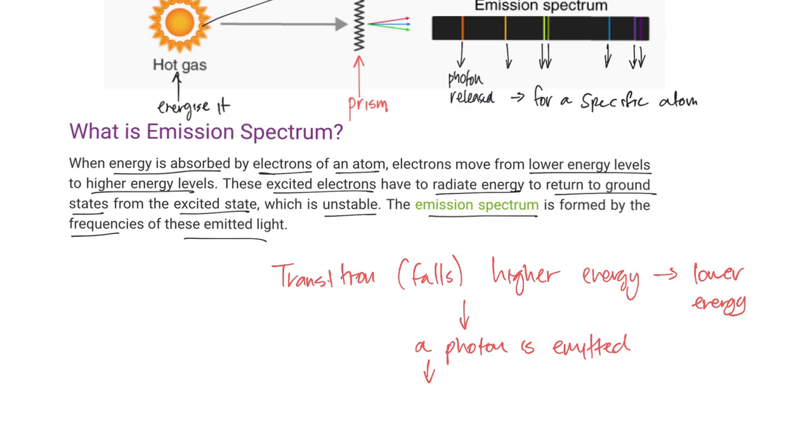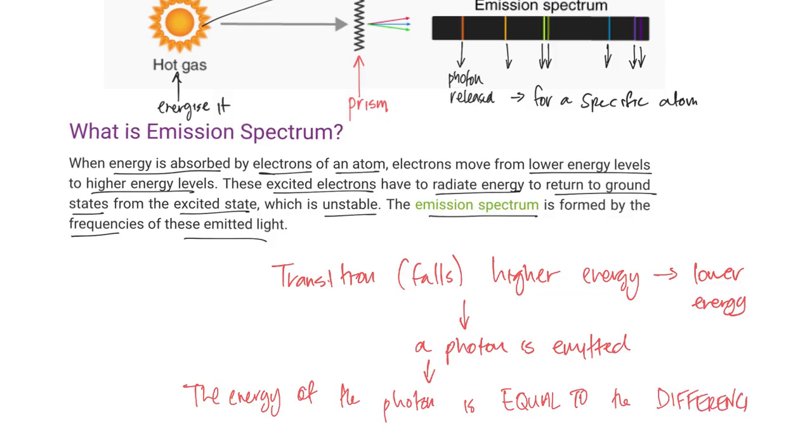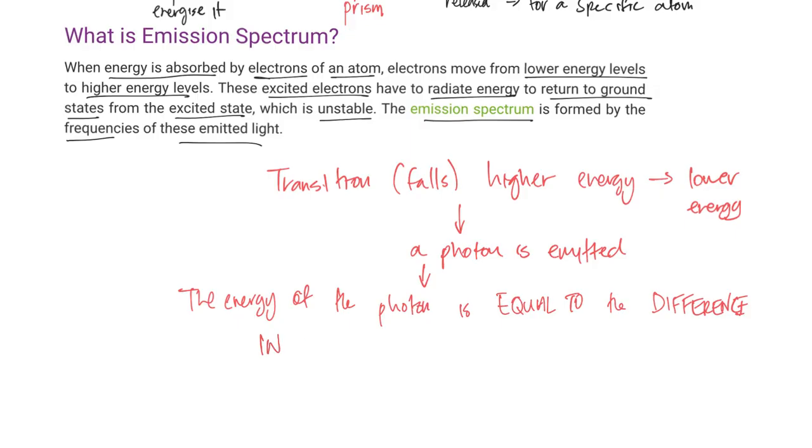I just want you to know that the energy of the photon is equal to the difference in energy between the 2 energy levels. Please make sure you get that written down in your books.